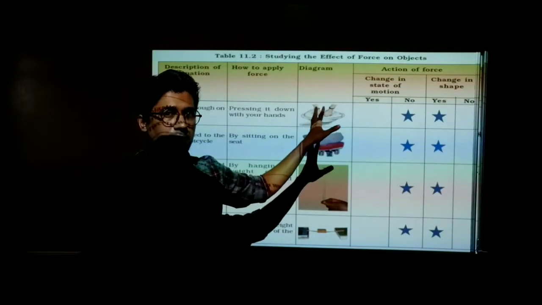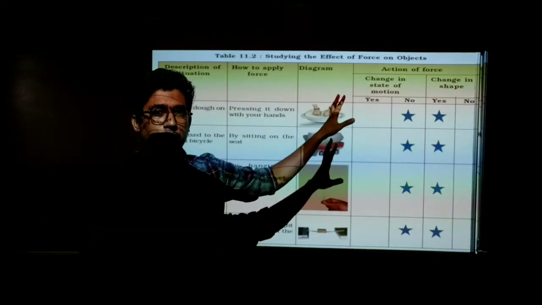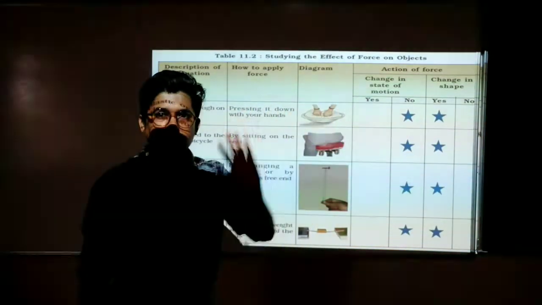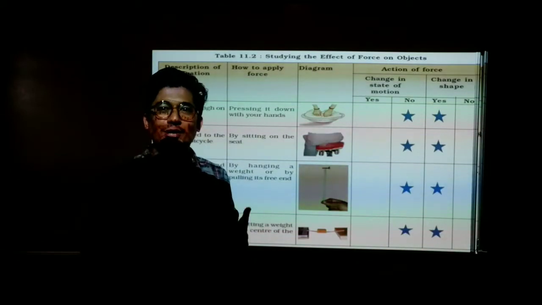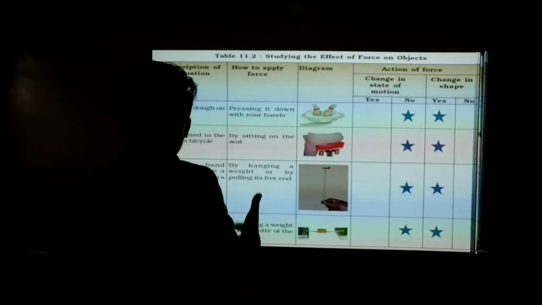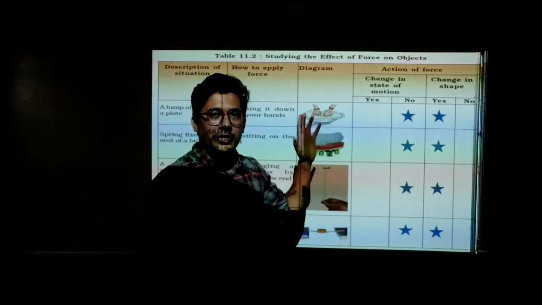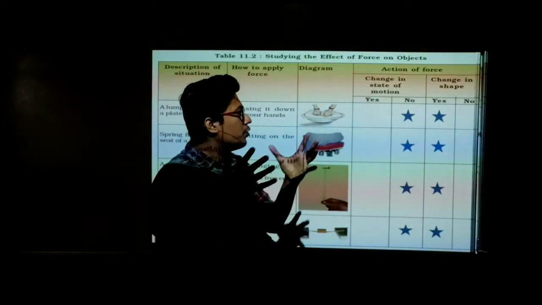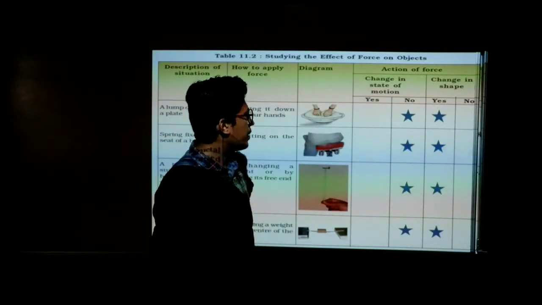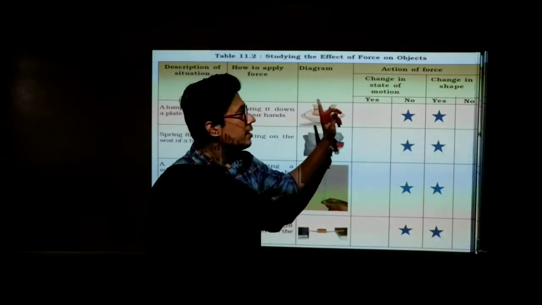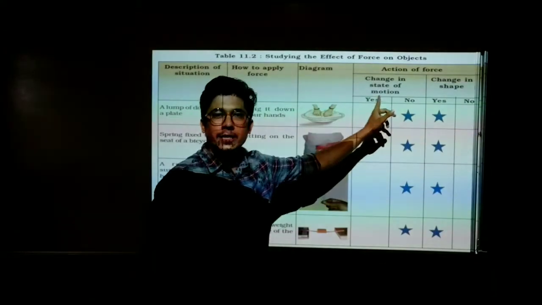No, there is no change of state of motion because the atta is not running away from your plate. It is there only, but it changes its shape from atta to dough. Yes or no?